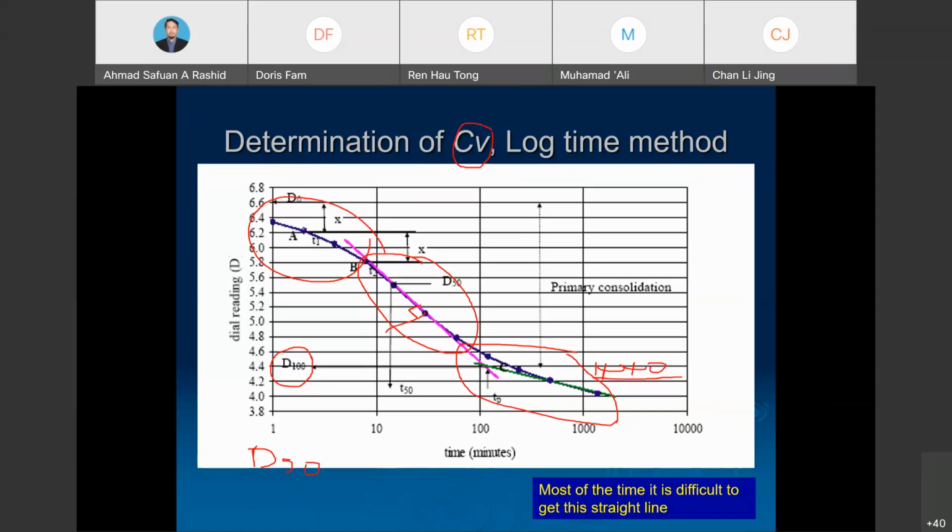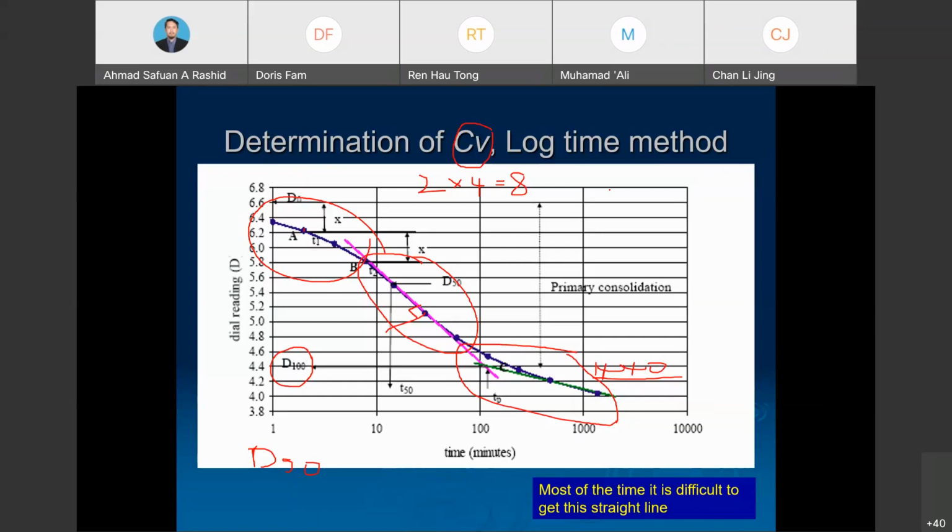For example, if we choose 2 minutes, kita agak 2 minutes, but this is 1, and then the second will be 2. So this 2, we should multiply with 4. Then we get 8 minutes value.